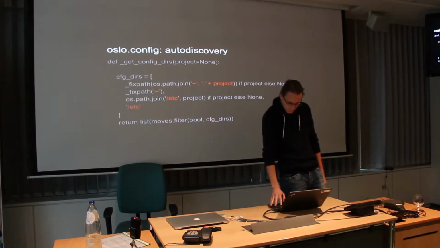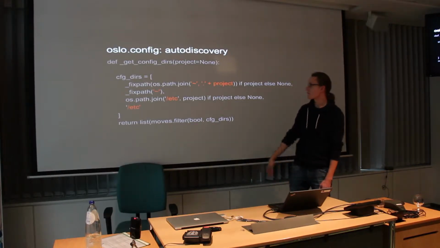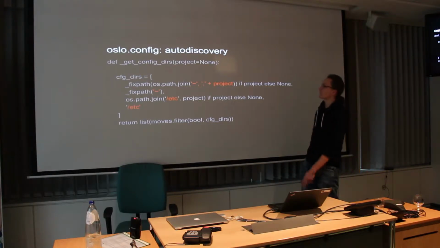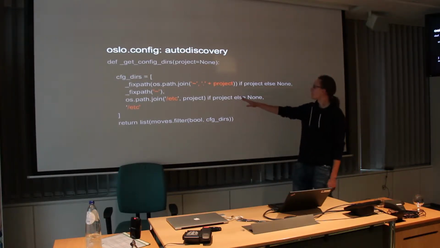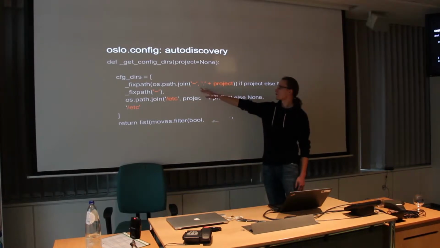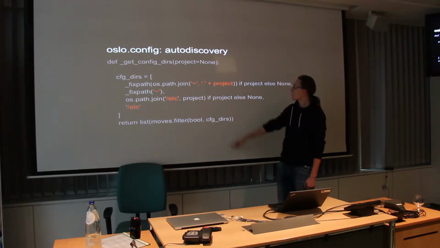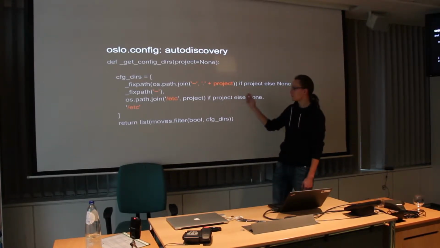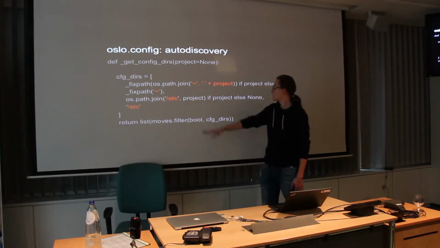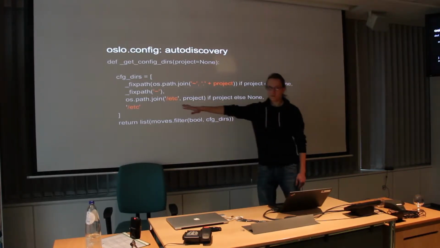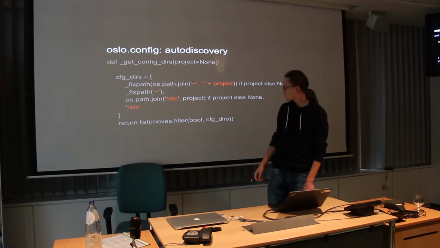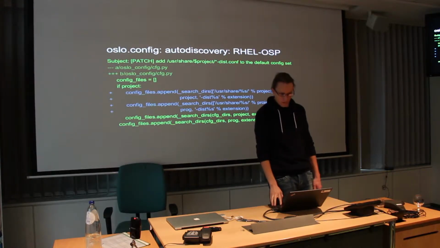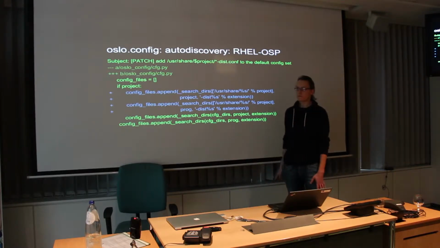And if we go inside this function, then we see how the list is constructed. Basically, if you don't pass any options, then it will try to find some file inside your home directory with the name .project, like .neutron. If not, then in your home directory. If not, then in etc neutron. If not, then in etc. Right? That's what we have in upstream.